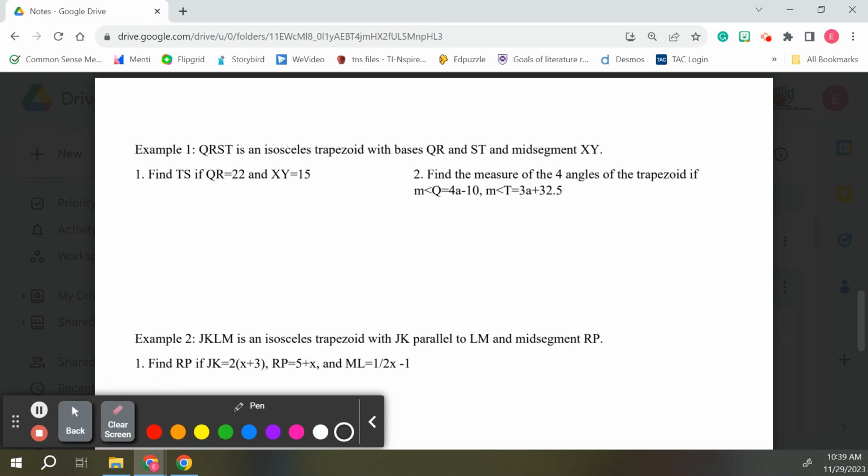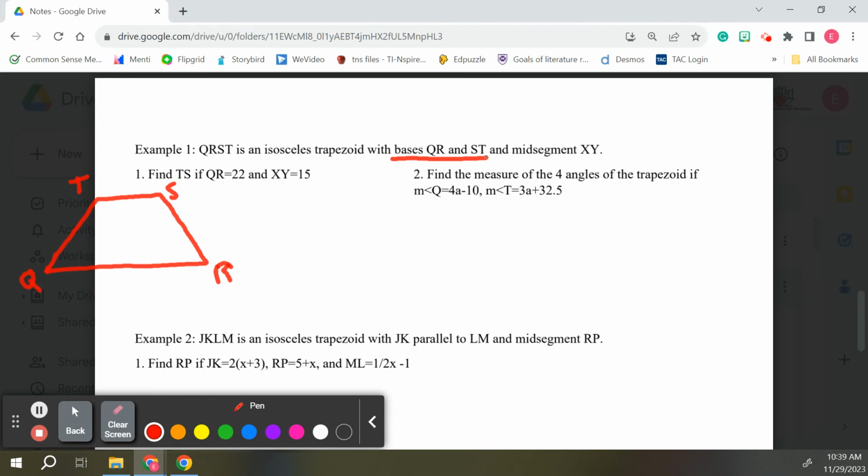So I am going to draw this trapezoid. So we're saying this is Q, R, and then we'll have S, and then T. Now the reason I'm drawing like this, because I said QR and ST are the bases. That's important information when labeling, okay?